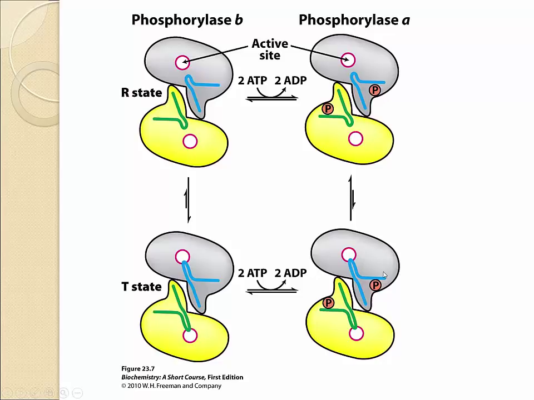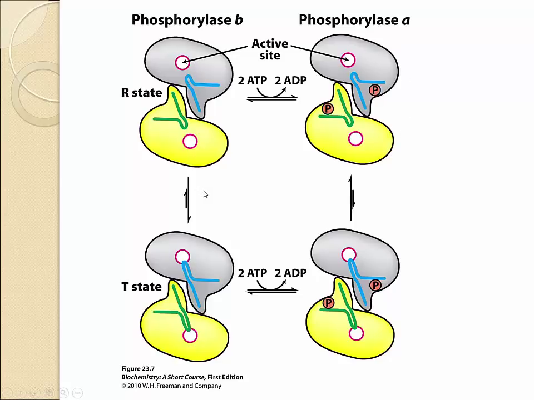The A form prefers the R state, and that's given by this much larger equilibrium arrow. So while the A form can take the R or T state, it prefers the R, and the R is what is active. So this is a fully active molecule of phosphorylase, phosphorylase A in the R state.